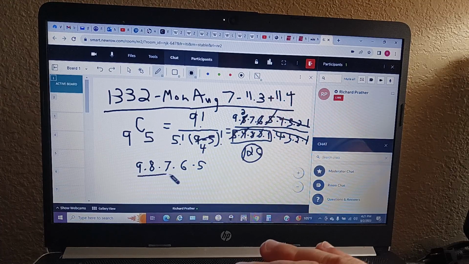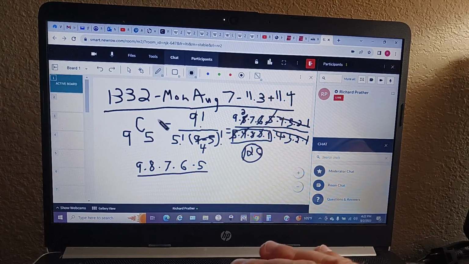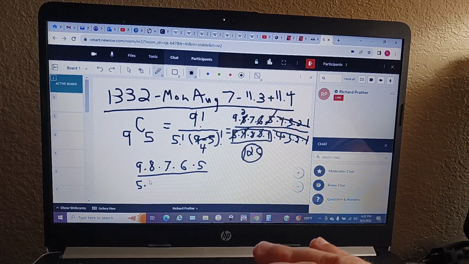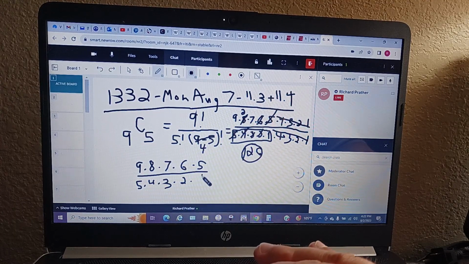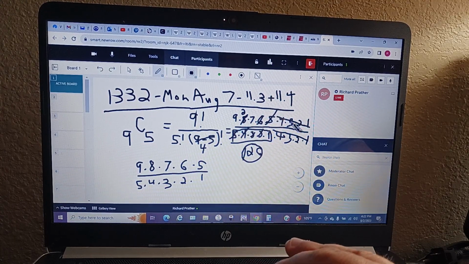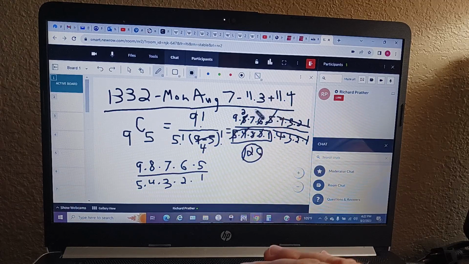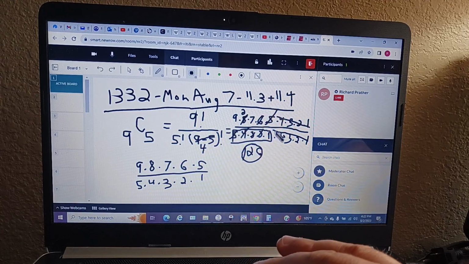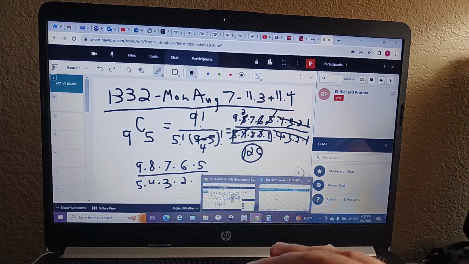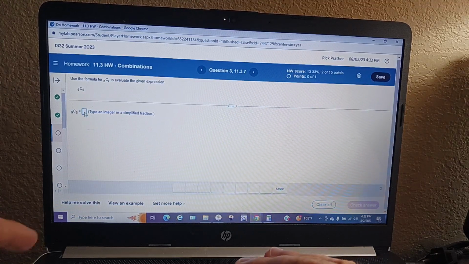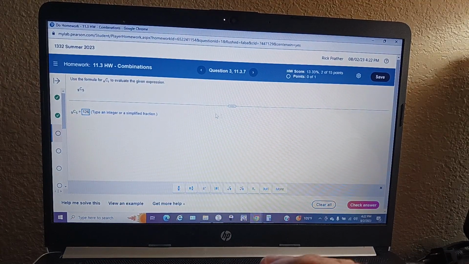If it's a combination, then you include the back number factorial in the bottom, because the rest of it canceled out. And even if you don't like this shortcut, you're going to eventually get to it anyway, because if you do it all the way out, the 4s are going to cancel all the way down, and that's my shortcut right there. But I do that even with permutations. So 126 is the answer to number 3.